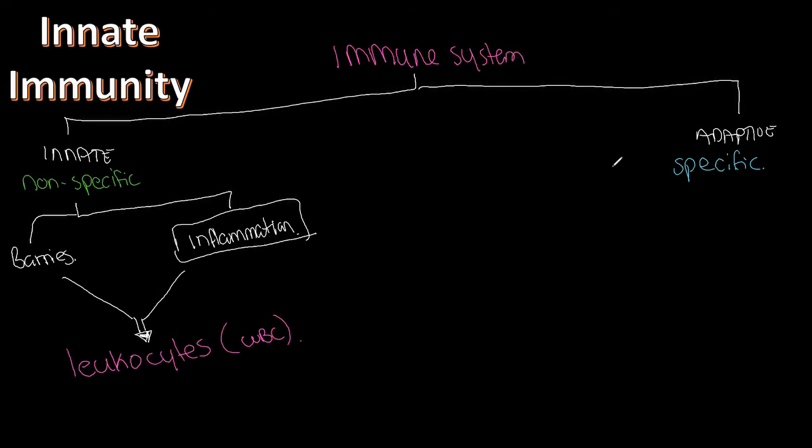On the other side, we have our specific immunity, and as we said, it's highly specific to a specific virus, bacteria, or any other pathogen. This one is what I refer to as our special forces.